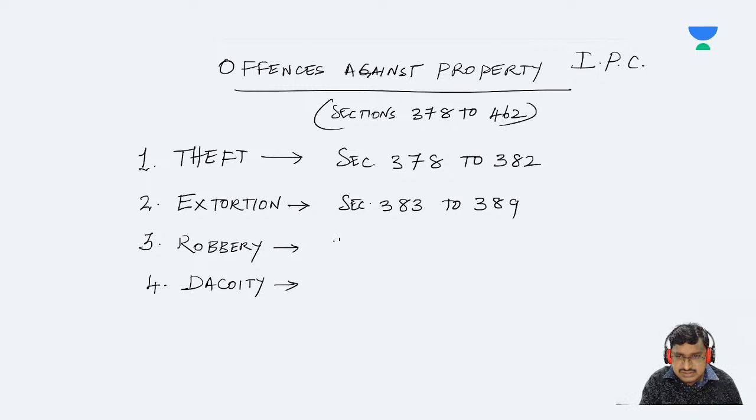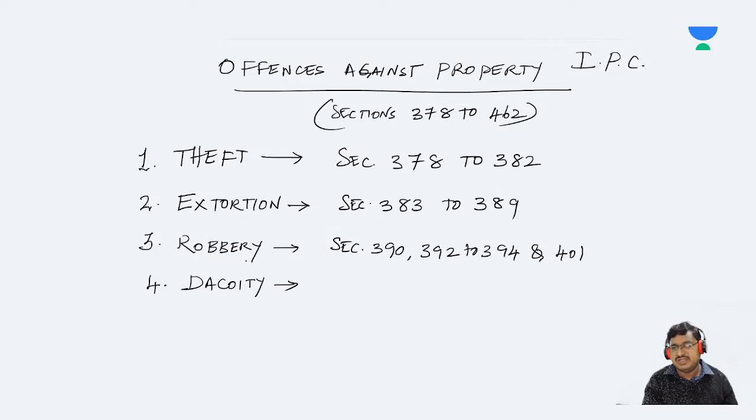Whereas sections 390, 392 to 394 and 401 of IPC are dealing with robbery, friends.